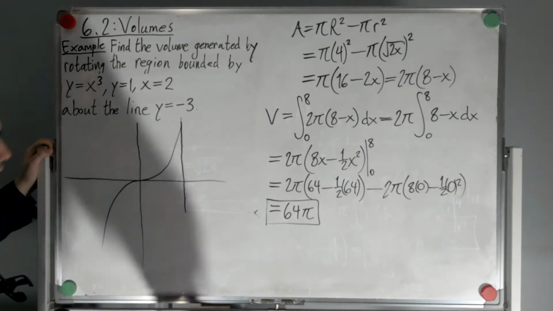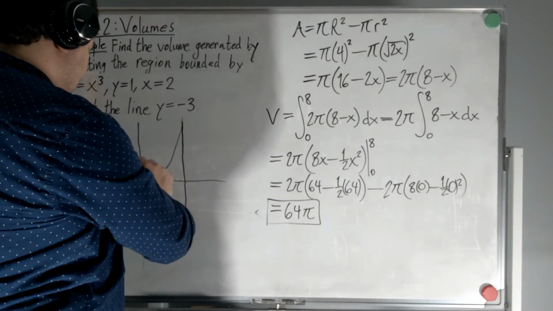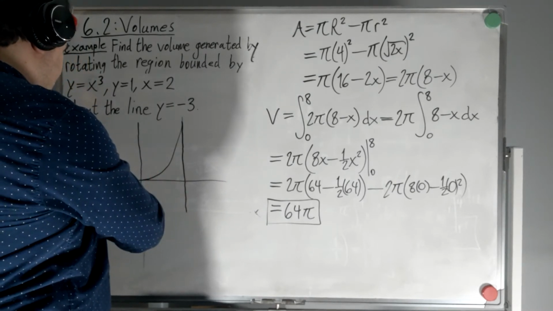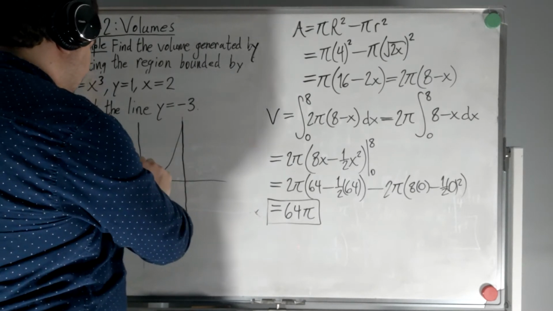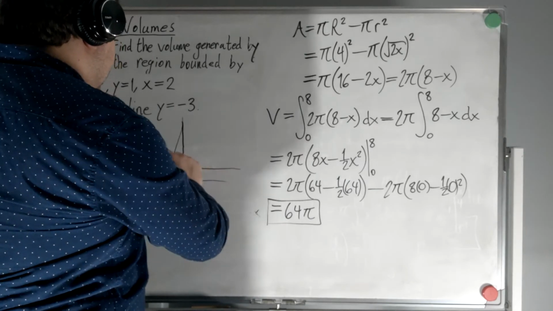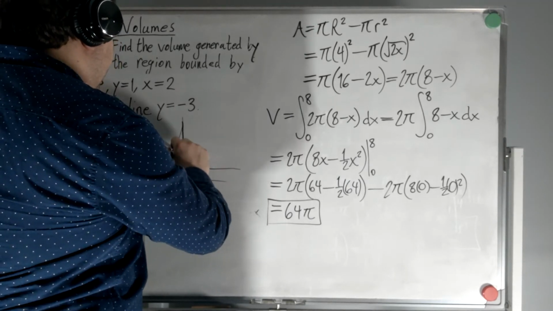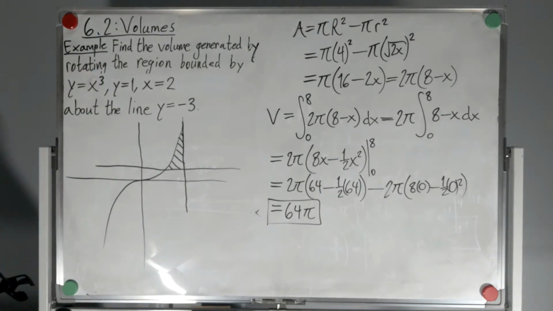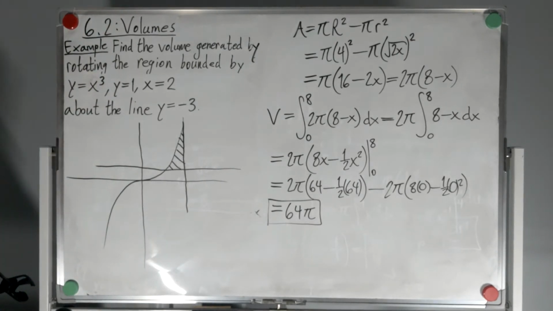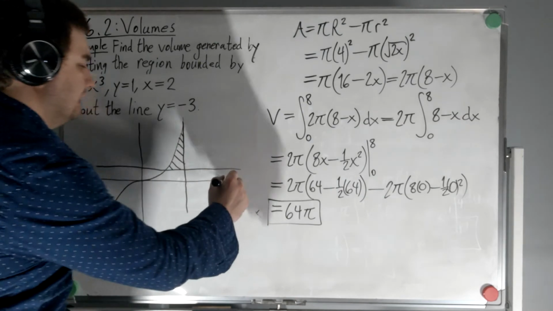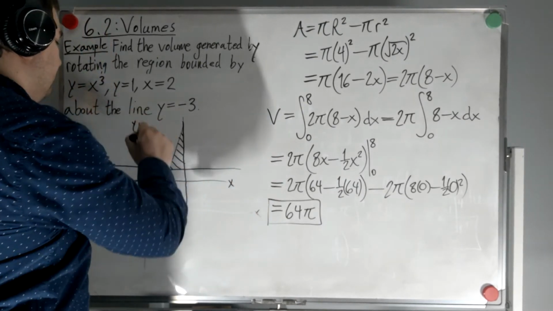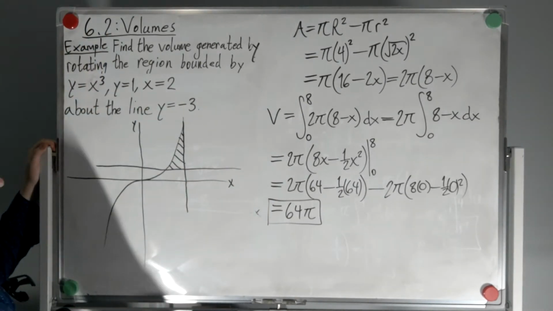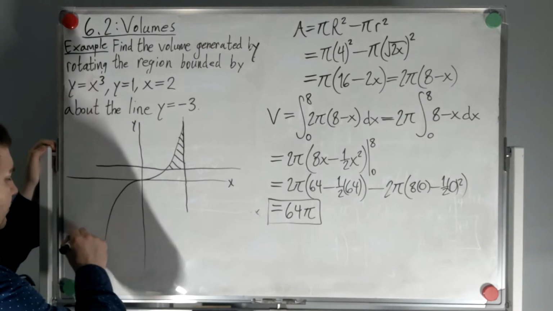Y equals 1 looks like something like this. And so what we're dealing with is this region right here. But we're not rotating it around the x-axis. We're rotating it around the line y equals -3, which is way down here.